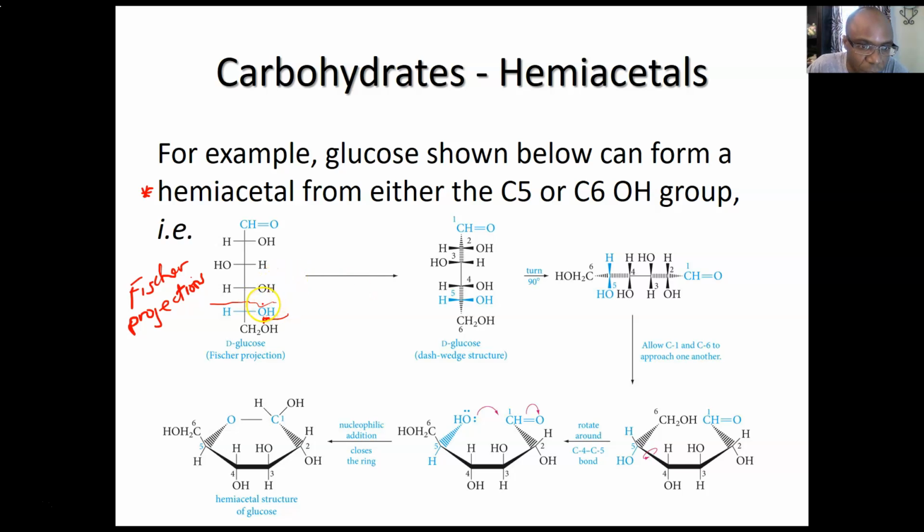So you can imagine if this OH attacks the carbonyl of the aldehyde or the ketone. In this case, it's an aldehyde. This is an aldose. If you attack that carbon, this opens up. So basically, what you're doing, you're making a 6-membered ring. Okay, so we're going to cyclize the Fischer projections. So let's number our carbons here and see. From top is 1, 2, 3, 4, 5, and 6.